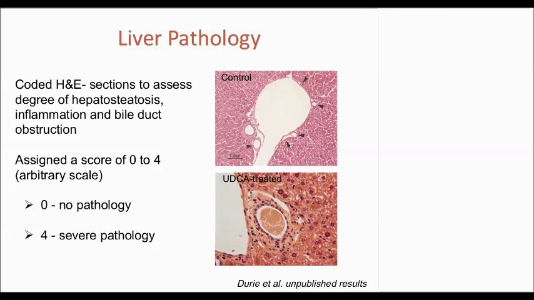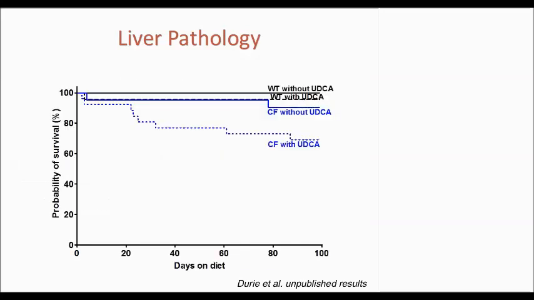Interestingly, the blinded pathologists labeled this lower slide as a CF mouse, because they found all that inflammation around the bile duct and bile duct plugging. But in the end, when we de-blinded that slide, it came from a wild-type mouse, so not CF, which was treated with urso and had all the signs of inflammation.